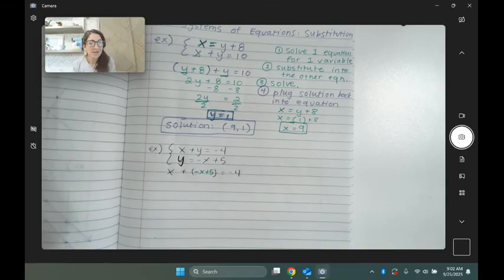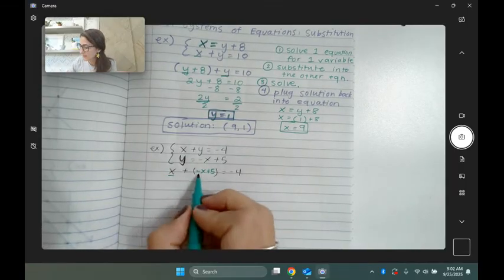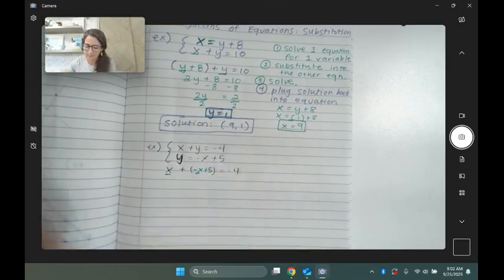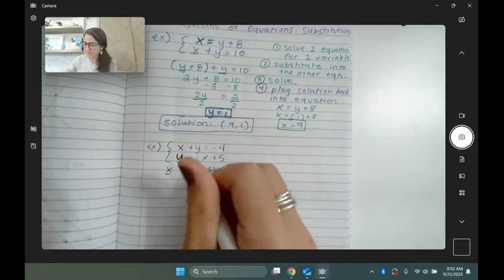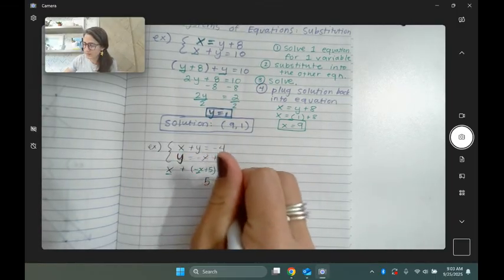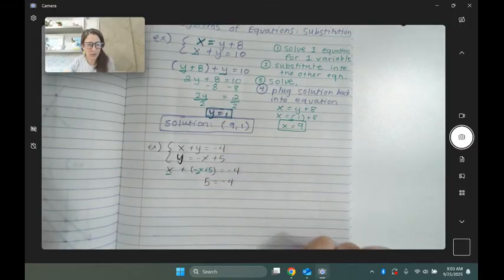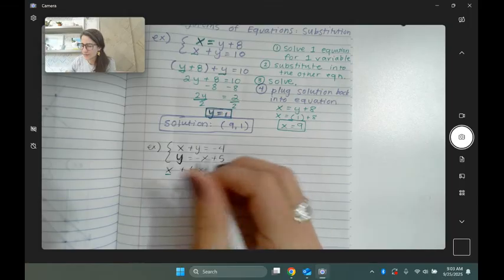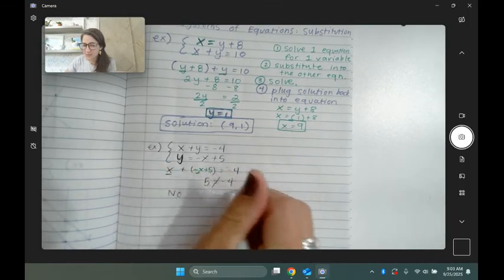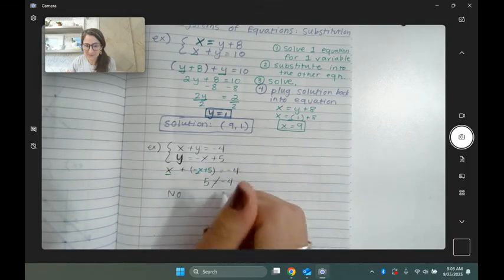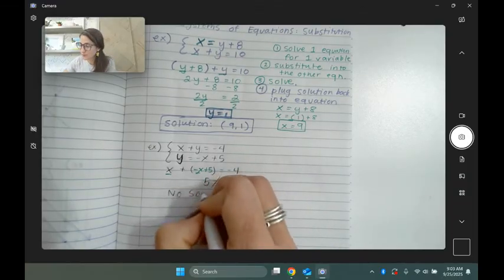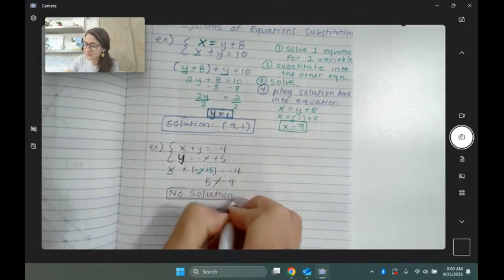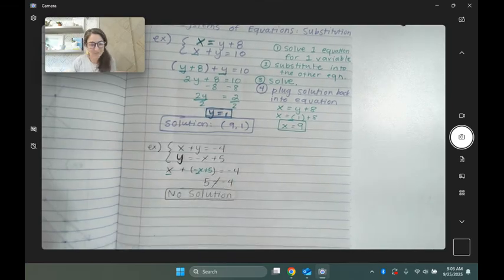Okay, combining like terms, x plus -x, that's 0. I'm left with 5 equals negative 4. Is that true? Does 5 equal negative 4? No. This means if I get an answer like this, something that's not true, this is no solution. If I were to think about a graph right now, these two would be parallel. No solution.